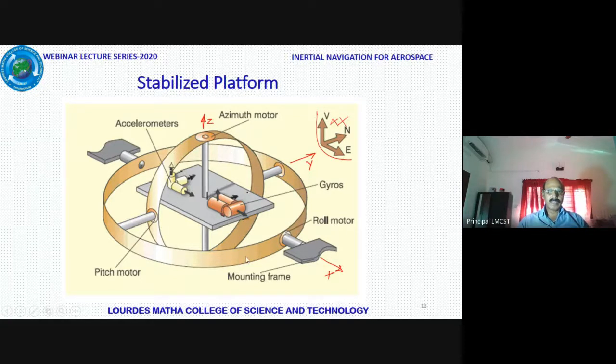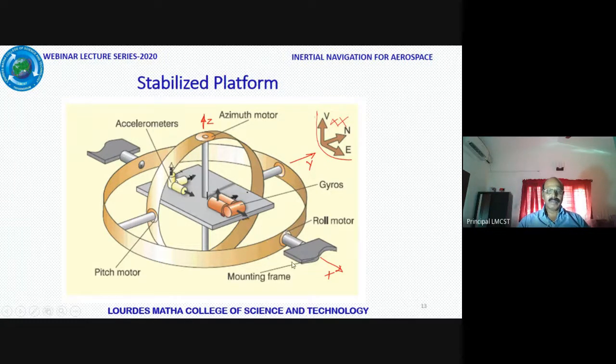Now, rotational freedom wise, the outer gimbal will have rotational freedom about this particular axis only, the middle gimbal about this Y axis only, and this inner gimbal or inner platform about the Z axis only.